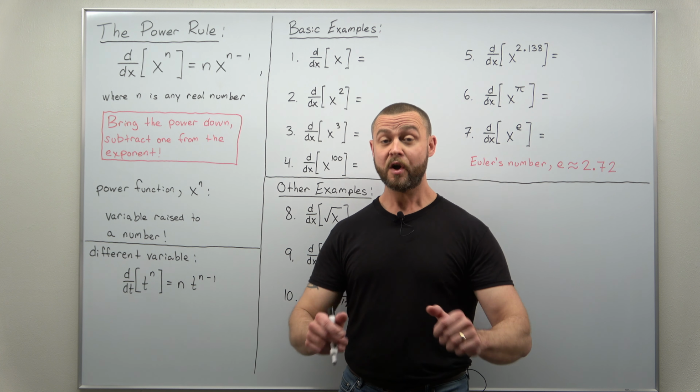Now, let's suppose you want to find the derivative of x to the 100th power. Good luck doing that with the limit definition. That might take you all week. Now, we'll get it in seconds. Let's apply the power rule. We bring the power 100 down, and we get x to 1 power less. 100 minus 1, we get x to the 99th power.